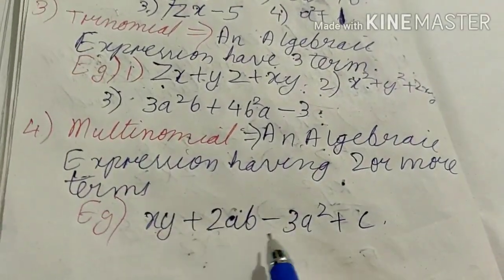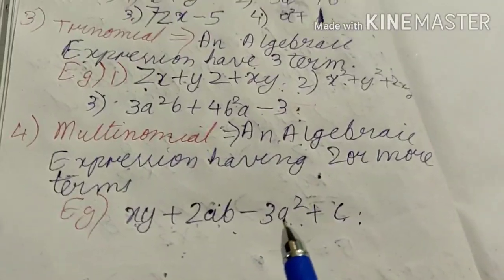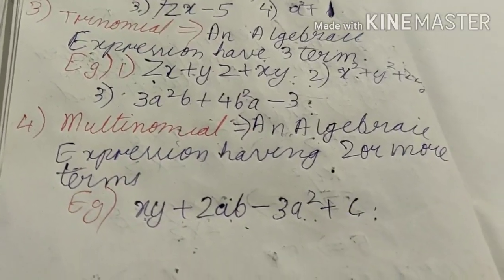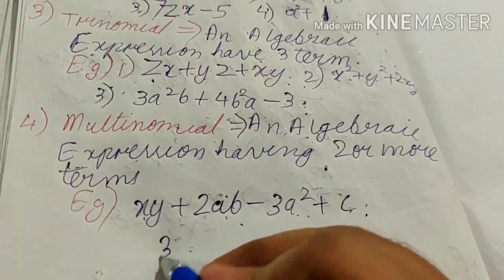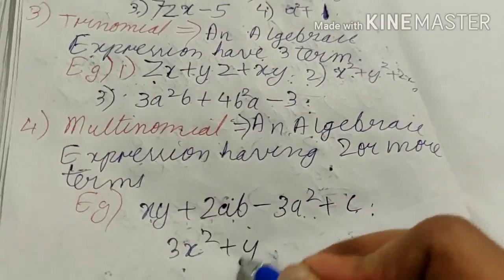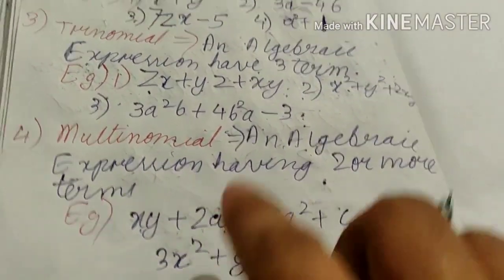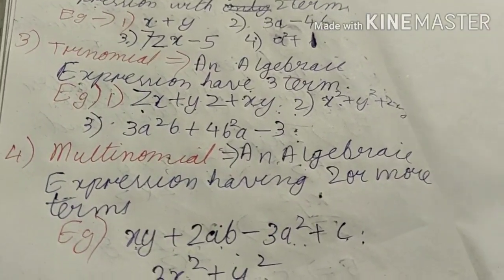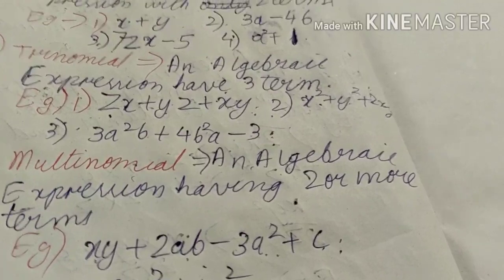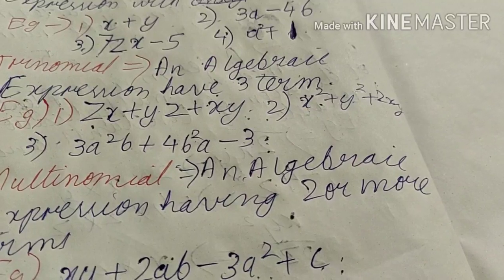There are 4 terms and all are different terms. It is xy, it is ab, it is a square, and it is c. All are different terms. Nothing is common here. These are 4 terms. Or if we take 3x square plus y square, this is also a multinomial. It contains 2 terms. It can also be called binomial, but the term multi means many. It can have 2, 3, 4, 5, 6, 7, 8, any number of terms, but not one term. Means an expression with more than one term is called multinomial.